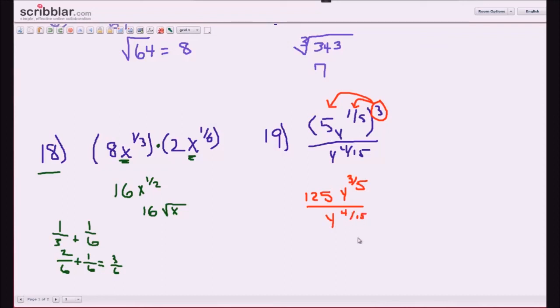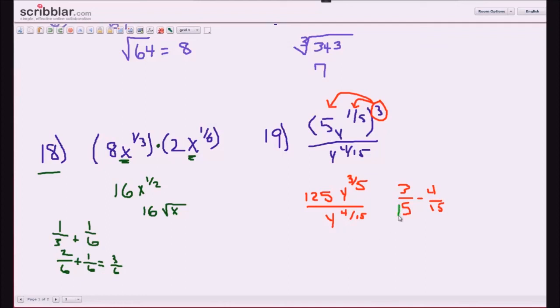Now, what we can do here is simplify this. The y's there, yeah, the fractional exponents, they look weird. Oh no, don't worry. We have division, and we're just simply doing subtraction. So that's going to be 3 over 5 minus 4 over 15. Common denominator would be 15.